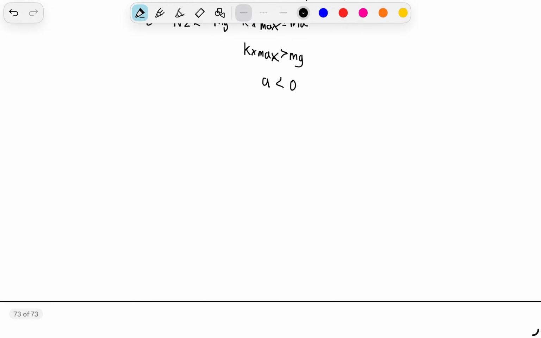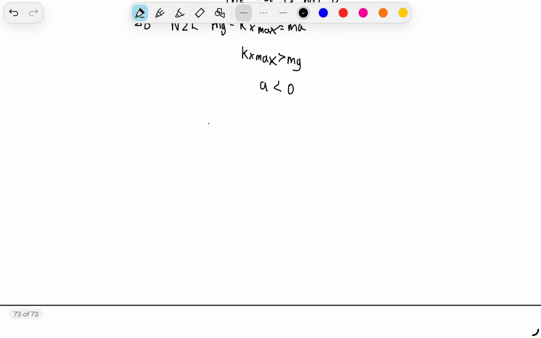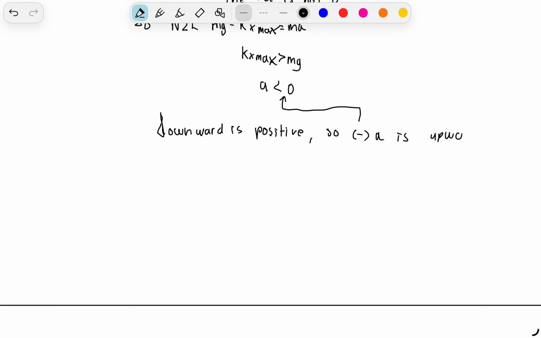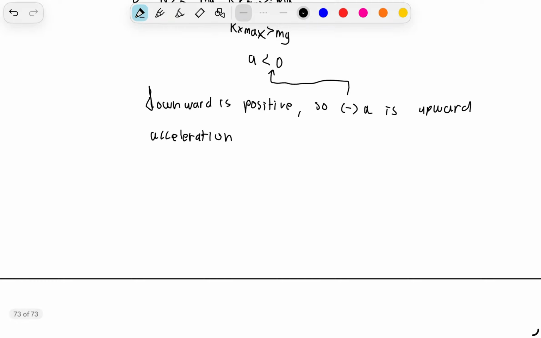But if it is negative acceleration, that means upward acceleration, because downward is positive here. So momentarily at rest does not mean equilibrium, because equilibrium requires 0 net force.